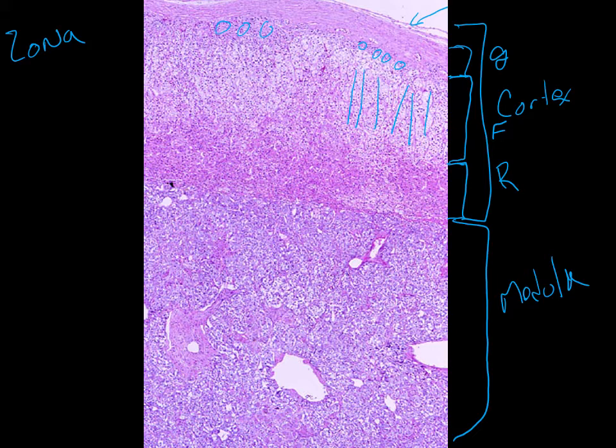So the capsule on the very outside, we then have zona glomerulosa, our actual first true layer in a sense, and then zona fasciculata, zona reticularis, and then the medulla. And so we have the adrenal medulla on there. And so each one of those is going to be functioning in producing a different general class of hormones.